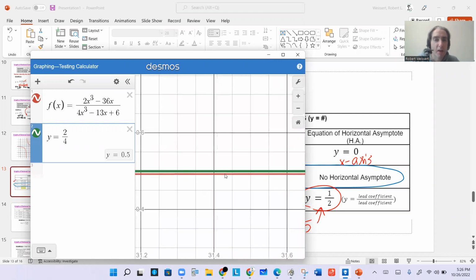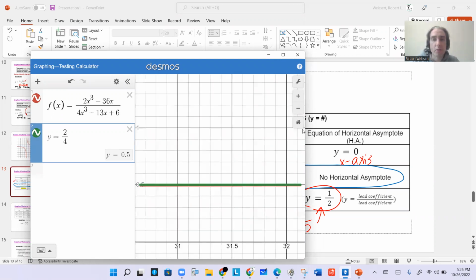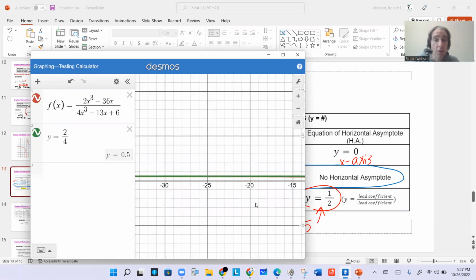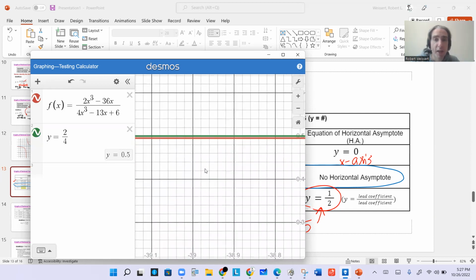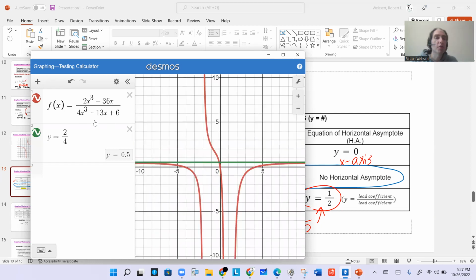If you zoom in here, it's never going to be 2/4 or 1/2, but it's going to be really close. The graph wants to touch 2/4. It just doesn't have it in it to complete the task. So 2/4, of course, is 1/2. Same deal, just a reduced version of that fraction. All right.